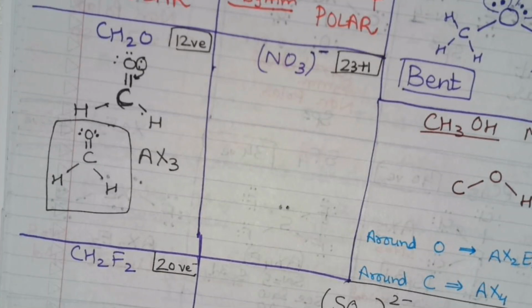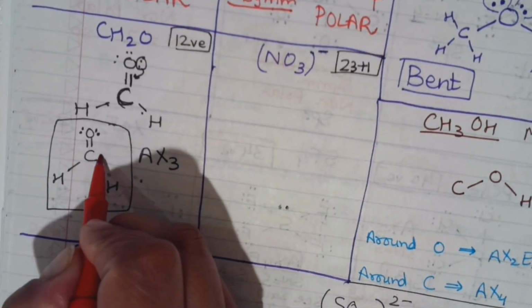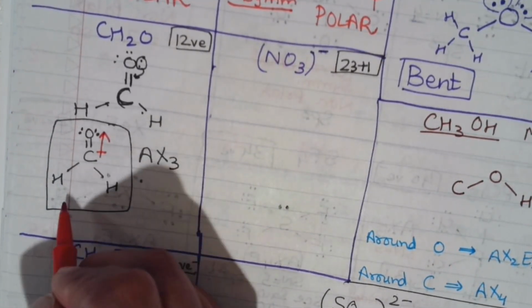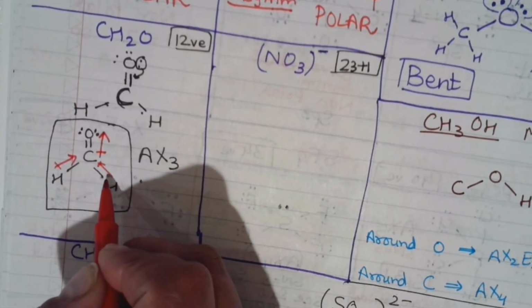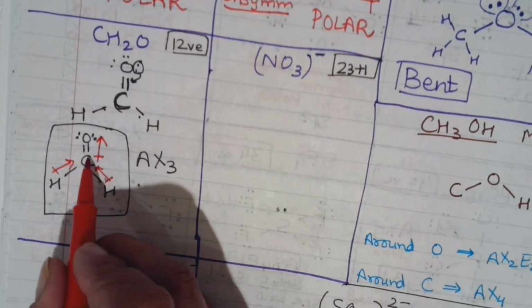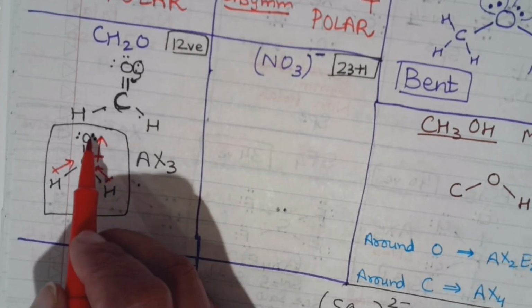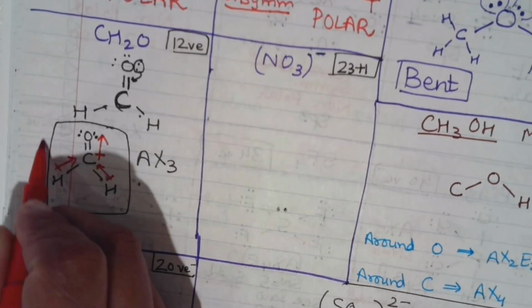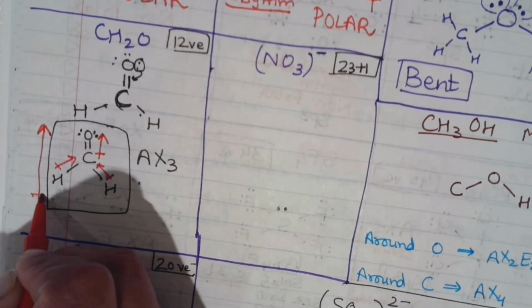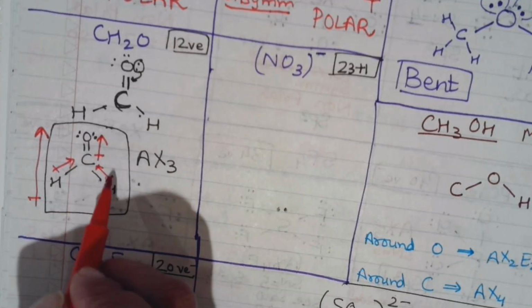If we draw the individual dipoles, this is the direction of polarity. Carbon is a little more electronegative than hydrogen, and oxygen is a lot more electronegative than carbon. So there is a net dipole moment in this direction towards oxygen, right?